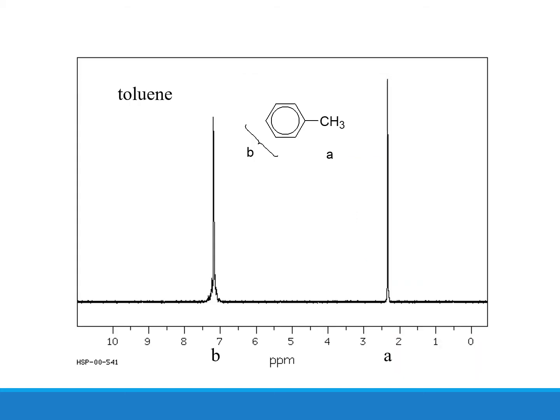Toluene. So toluene is an organic compound, as you can see, having a benzene ring with a methyl attached to it.